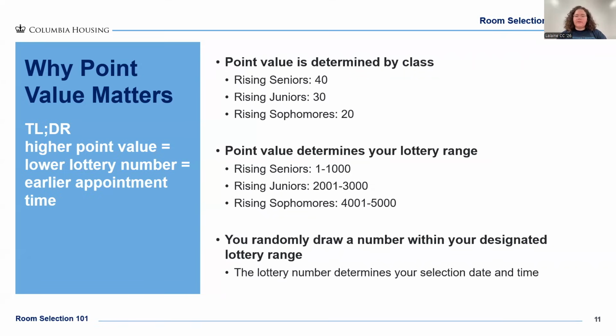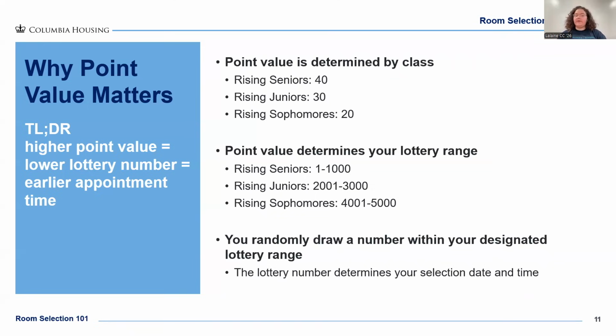You probably noticed that there are some gaps in the lottery numbers between these classes. These lottery numbers go to mixed point groups, which refers to groups made of students from different classes. For example, if you have a group of 3 juniors and 1 senior. Then you randomly draw a lottery number within your designated range. Your lottery number will determine your selection date and time.